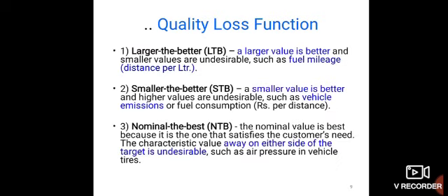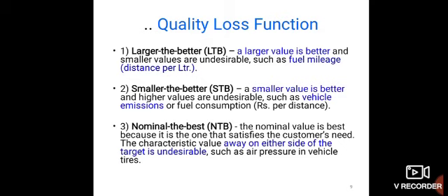So we can see the larger the better. A larger value is better. For example, fuel mileage, which may be in distance per liter. Second is the smaller the better. A smaller value is better. For example, the vehicle emissions in rupees per distance, fuel consumption in rupees per distance. The third one is the nominal the best.